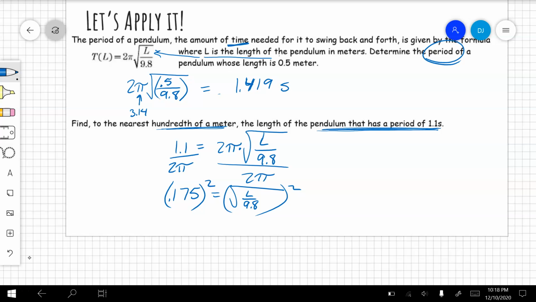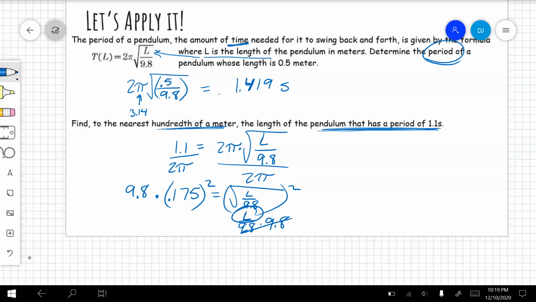Just press the square key on 0.175. Okay, and that's going to be 0.03064, but then that's just the length divided by 9.8. So I'm going to multiply both sides by 9.8, so that way it's isolated and we just have to find the length.